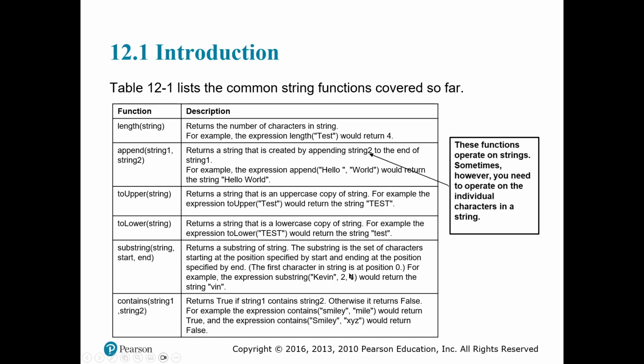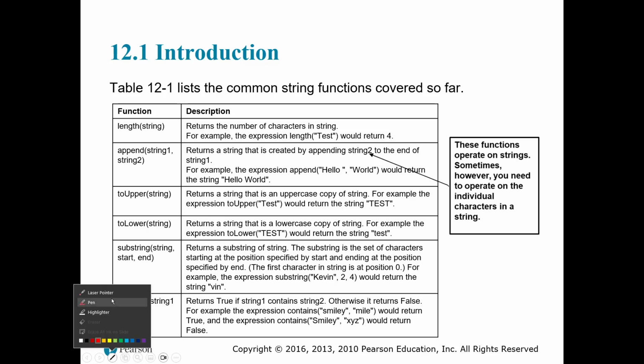But remember that the first character in each string starts at position 0, not 1. The same as with arrays, 0, not 1. In the example right here, the expression substring("Kevin", 2, 4) will return the string "vin".